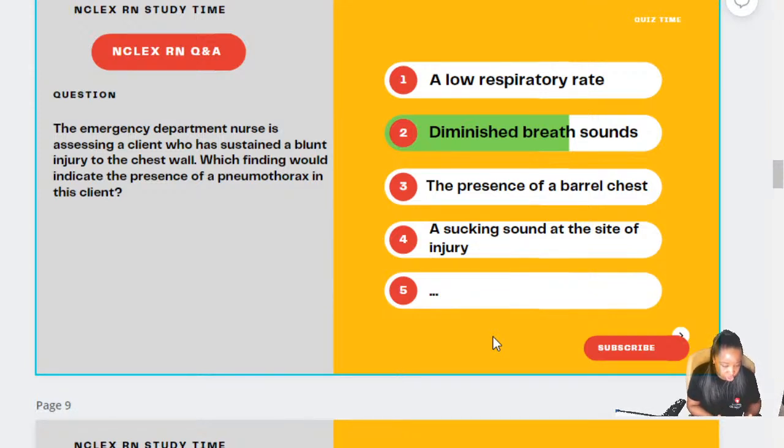It's going to be diminished. That's the reason you will have a diminished breath sound in the lung, wherever the pneumothorax is. That means the patient has damage to the lung that causes air to go in. Because of that tension and all this pressure, you will have a diminished breath sound. Remember, pneumothorax, diminished breath sound.